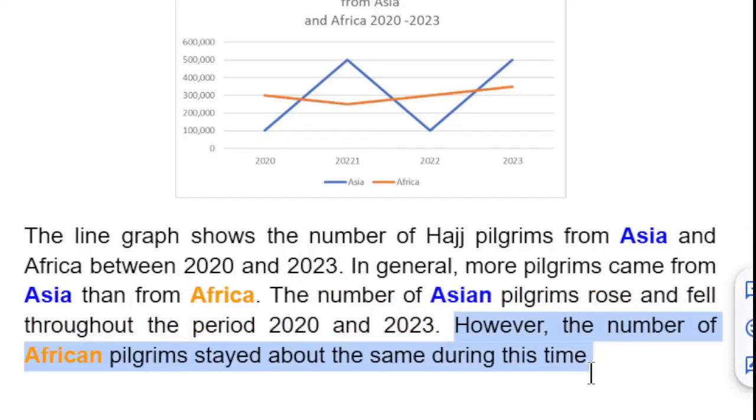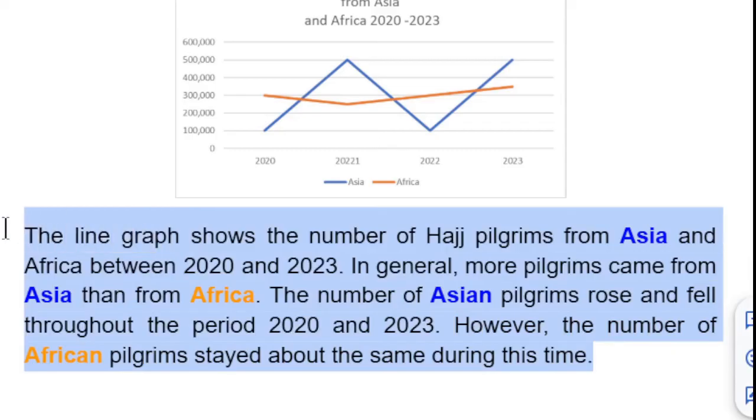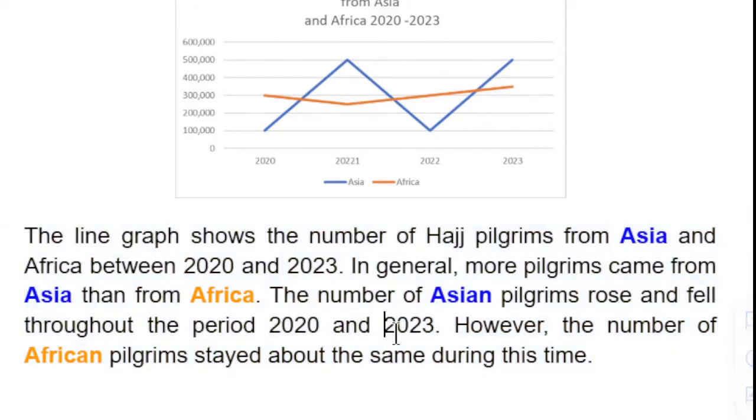So this really is just an overall picture, a general picture of what is represented here in the graph in the introduction. There's no thesis statement. We know that you're going to talk about the pertinent details in the body. We've already shown you how to do that in the previous recording. Let's read this one more time.